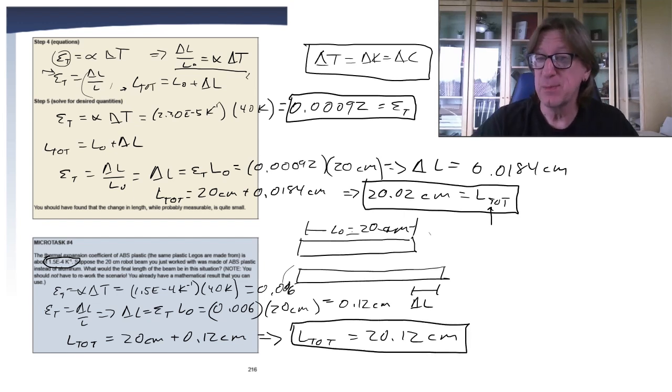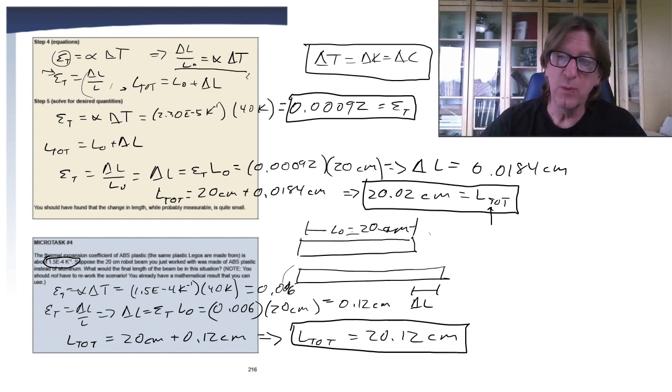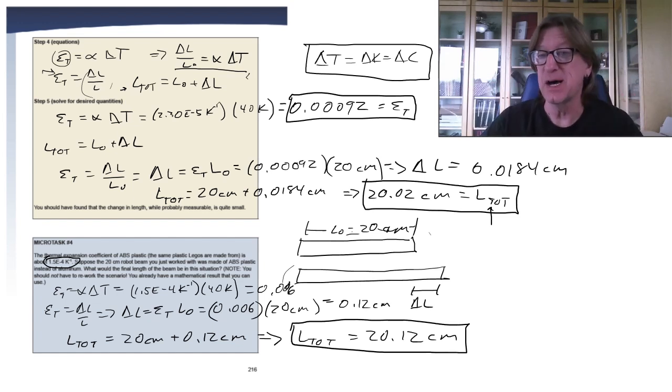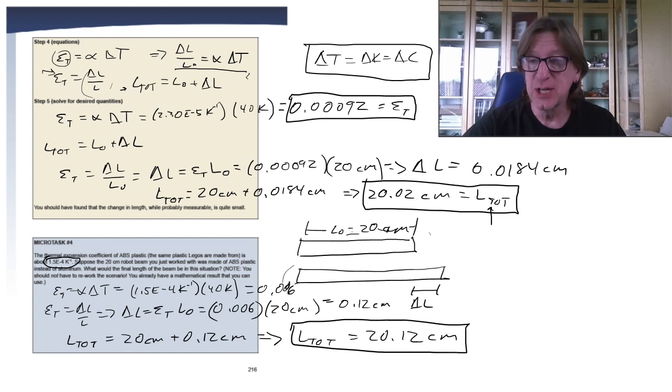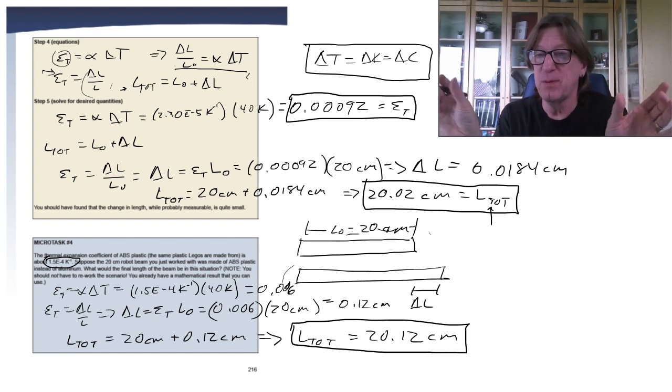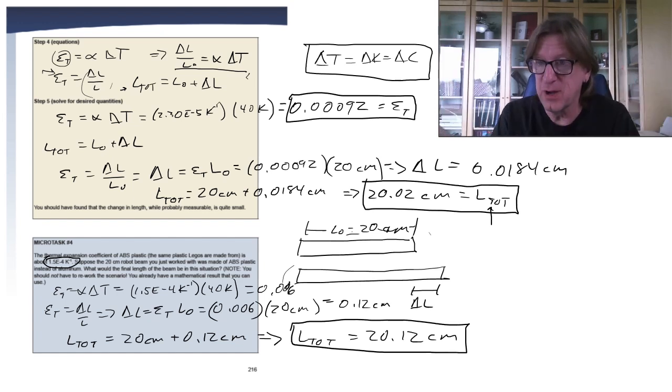Now that may not seem like a lot. However, remember the way Legos work. The holes on the bottom have to exactly line up with those pegs that are on the top. Otherwise the Legos won't snap together. So changing it by a millimeter or so is enough to make it so that for this big long plank, the pieces on the end are not going to line up, and you're not going to be able to plug your pieces back into it.